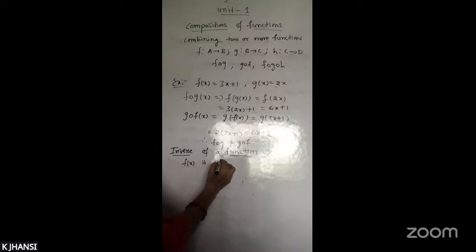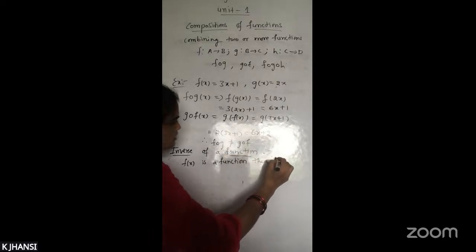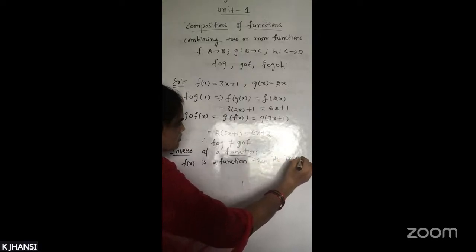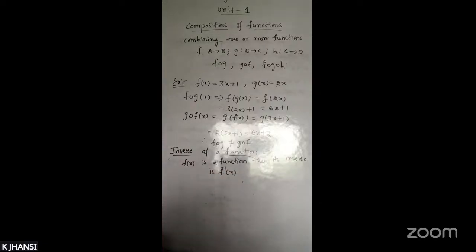If f of x is a function, then its inverse is f inverse of x. The steps will be how to find the inverse of a function. If any function f of x is given, then how will we find the f inverse of that function?